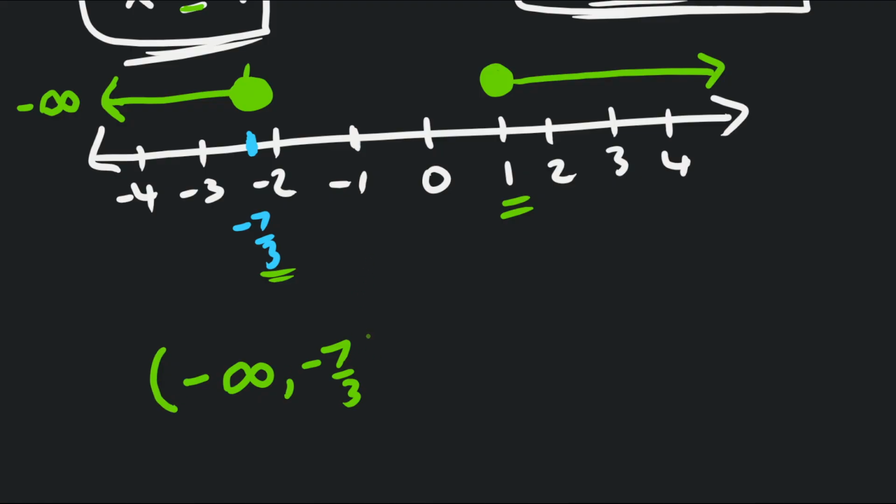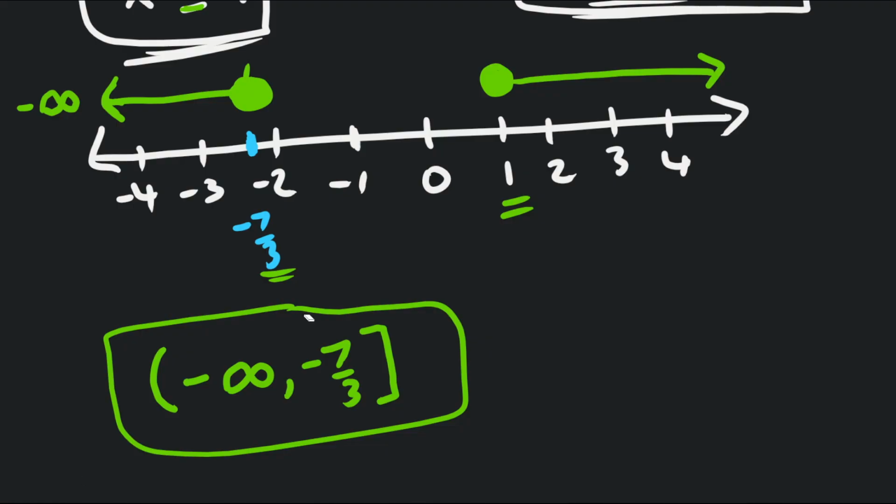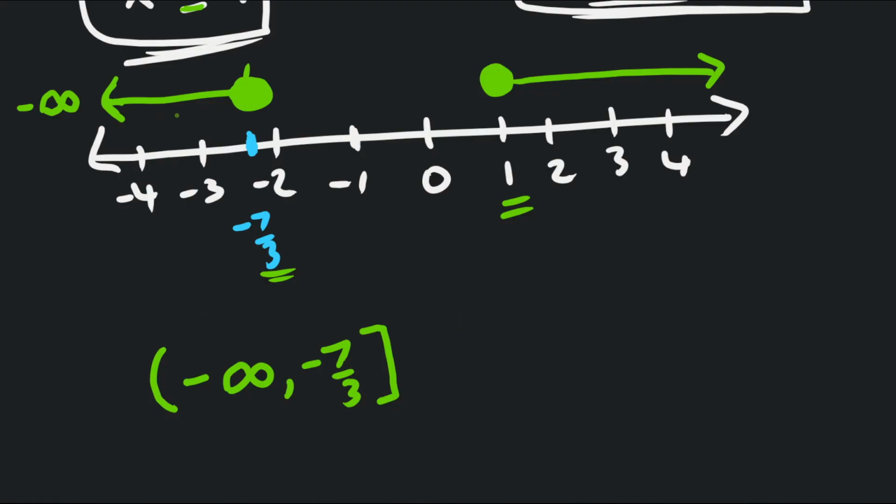And then negative 7/3, well, that depends. Is our circle open or closed? Are we including negative 7/3? Our circle is closed, so we are including it. So that means we will use a bracket. Okay, so this is interval notation for the first green arrow right here.